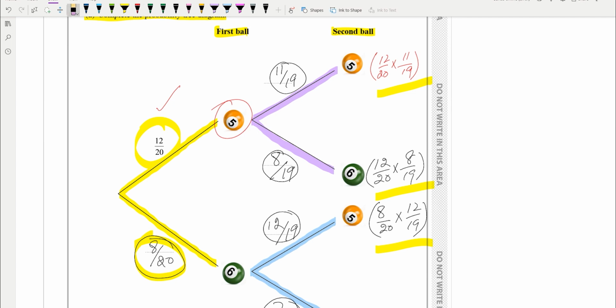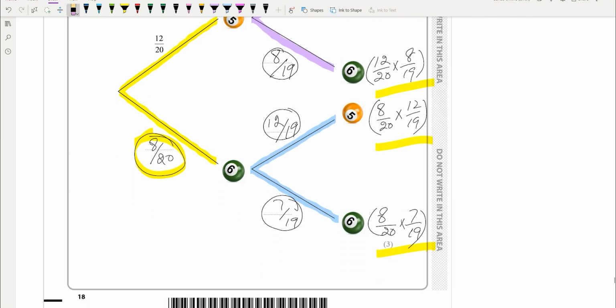So out of 12, now 11 remain, and the total is reducing to 19, so our probability will be 11 out of 19 at this level. Then at the second level, for this portion, a 6 has not gone out, so 6 remains the same at 8 out of 19. Similarly we can complete this tree diagram.